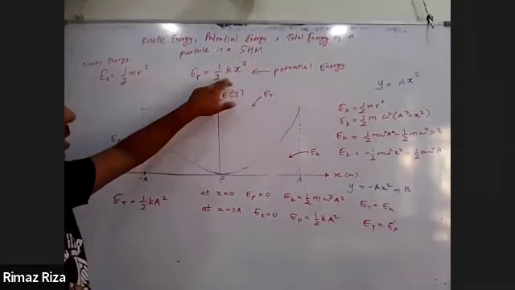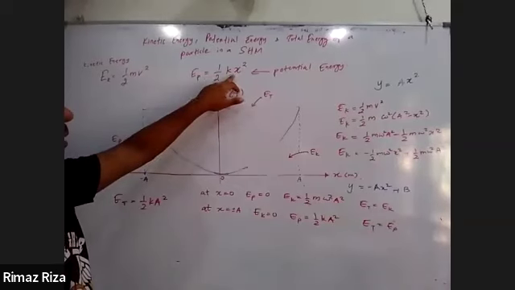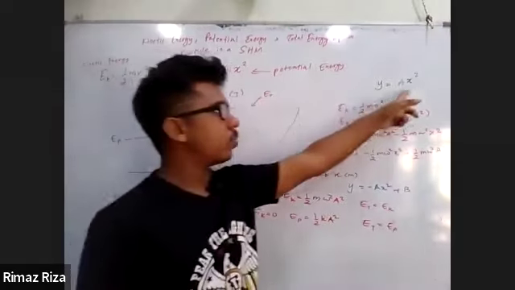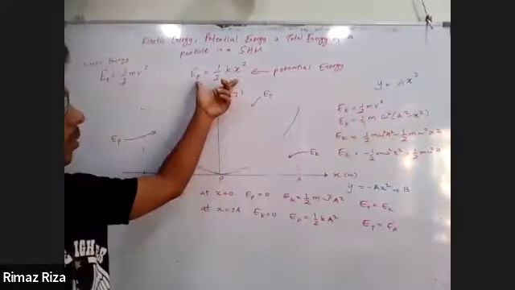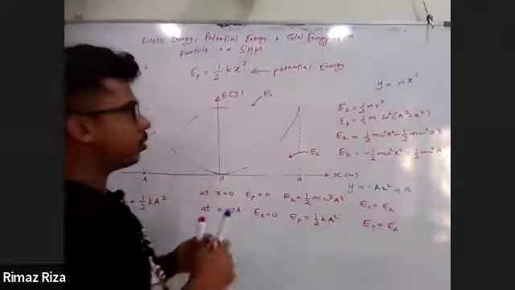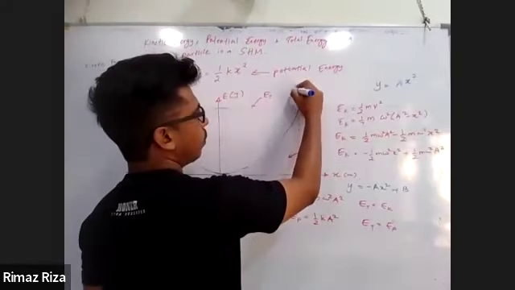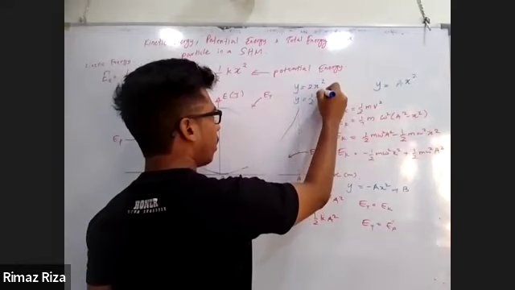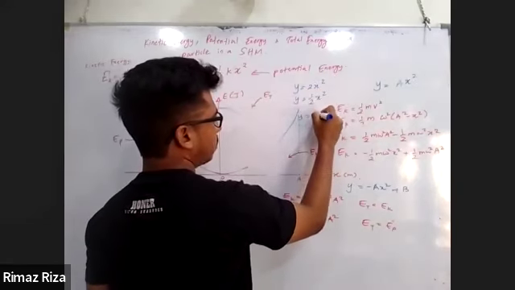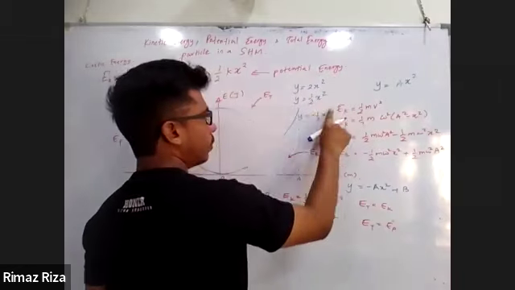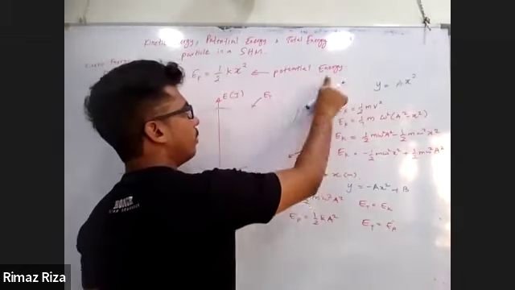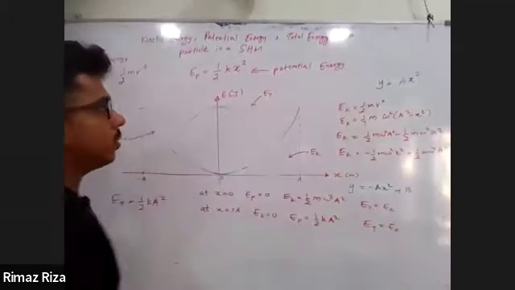No, sorry, potential energy half k x squared. So that is a y equals a x squared type of graph. You have drawn in your O/L grade 10, y equals 2x squared, y equals half x squared, y equals minus half x squared, y equals minus 1 over 3 x squared. These graphs you have done in your O/L, right?